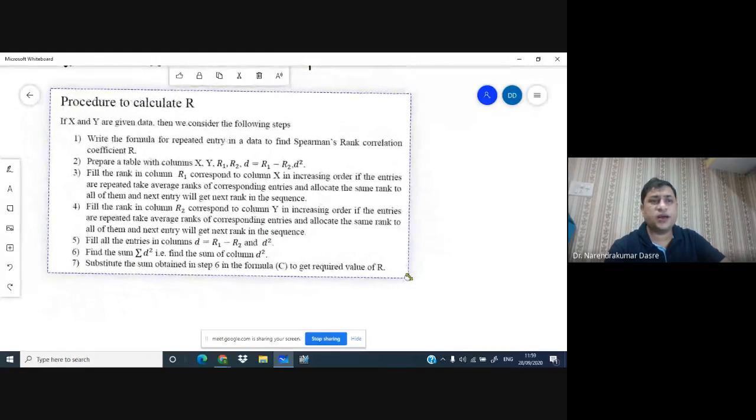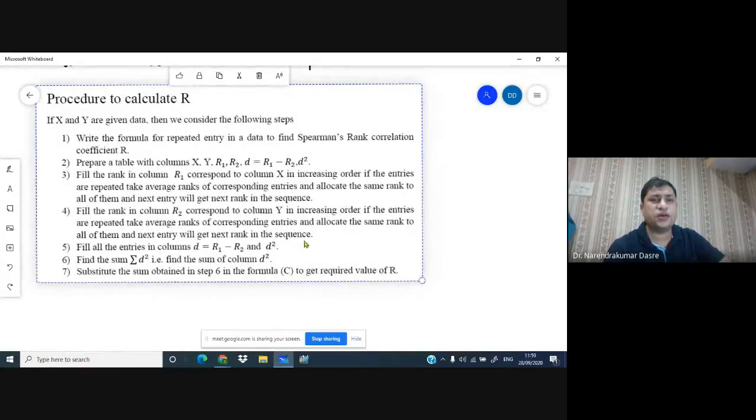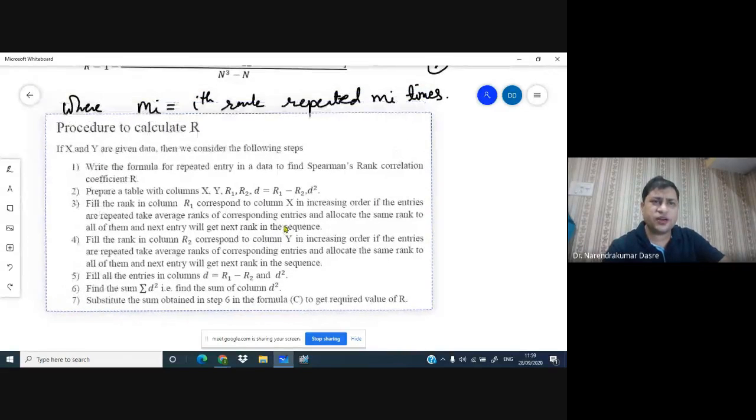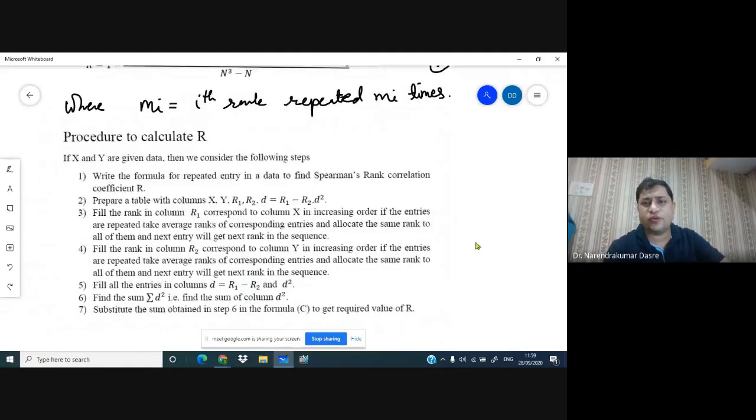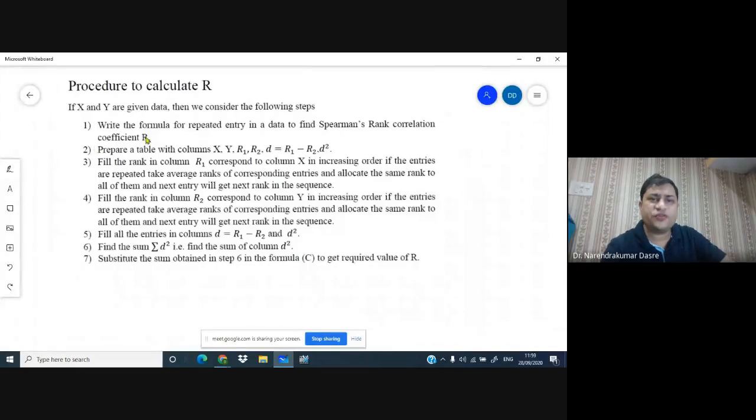Most of it is going to be the same as what we did. So we write the formula for the repeated data entry to find the Spearman's rank correlation coefficient R. Then, as I said, we have to go for average ranks.